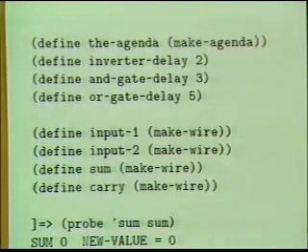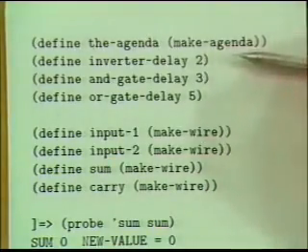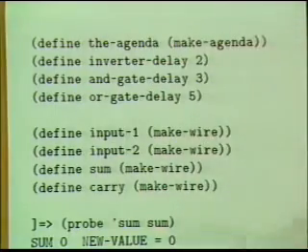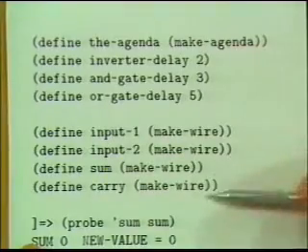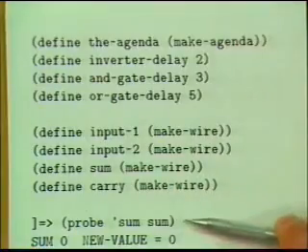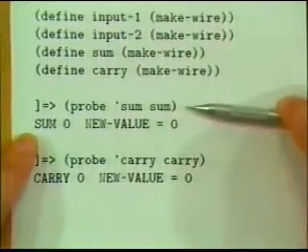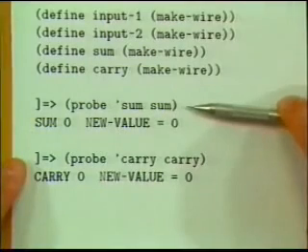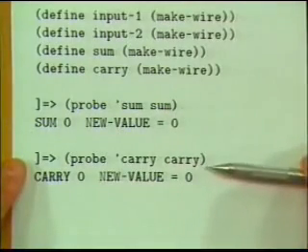Well, in any case, what we have here is a few simple things, like there's inverter delays being set up and making a new agenda. And then we can make some inputs, okay, input 1, input 2, a sum and a carry, which are wires. I'm going to put a special kind of object called a probe onto some of the wires, onto sum and onto carry. Okay?